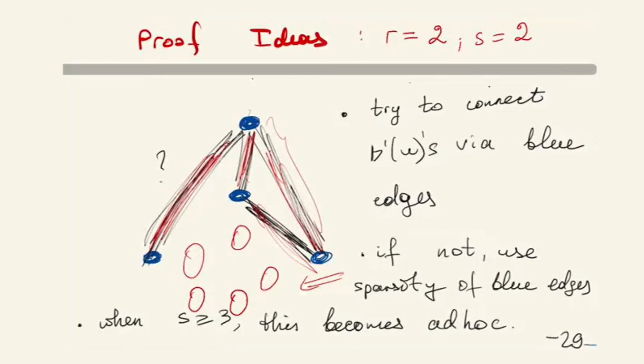But what you get is that in the original graph, if you cannot find this path, you are finding a bunch of blobs, where all the edges that go across are red. And then you use these red edges to build a red path.